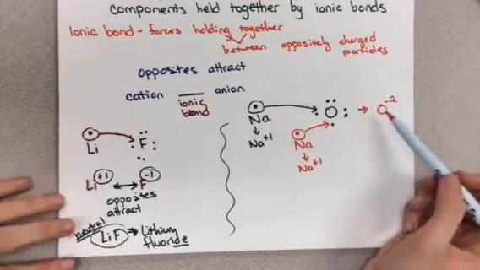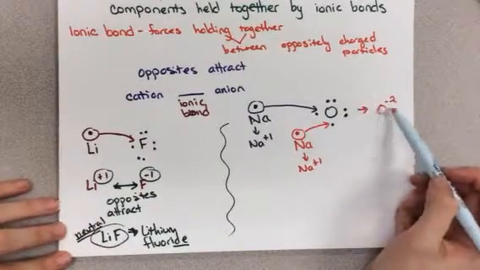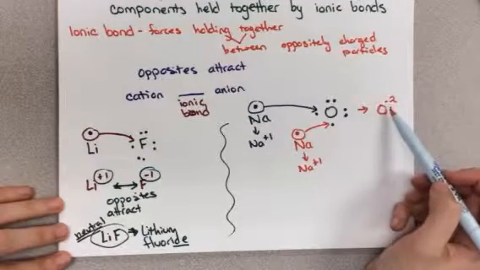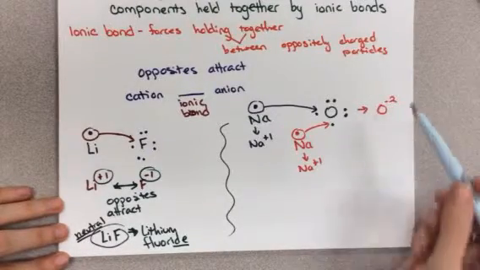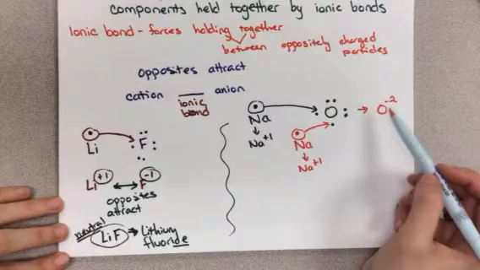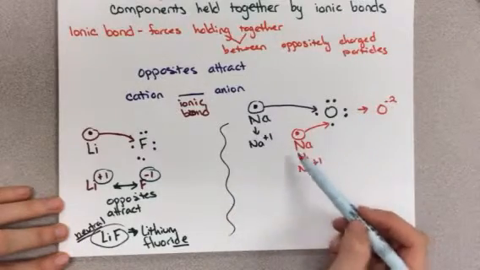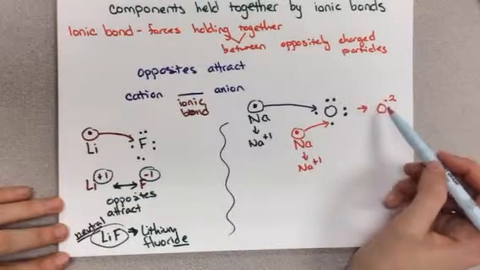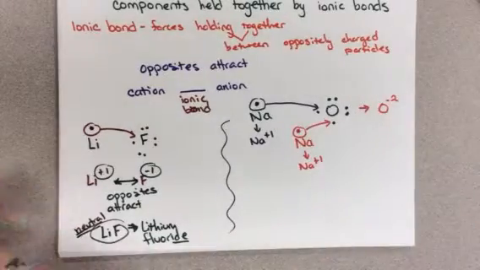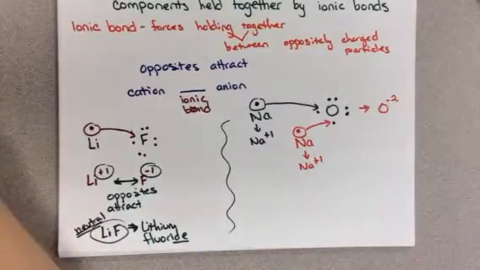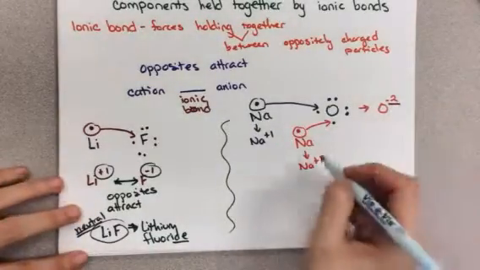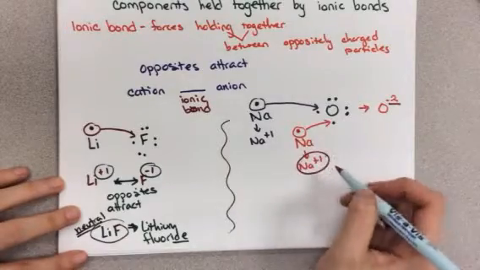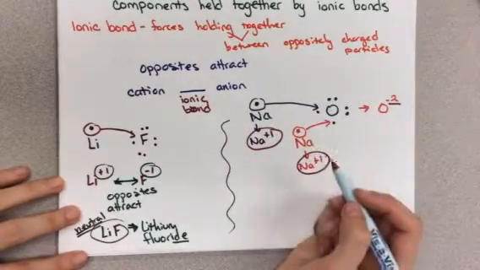So what we're seeing here is that with an oxygen with a -2 charge, the only way to have a compound with this and sodium is for the compound to have enough sodium to cancel out that -2 charge. Well, we've got the -2 on the oxygen here. We've got a +1 on this sodium and a +1 on this sodium.